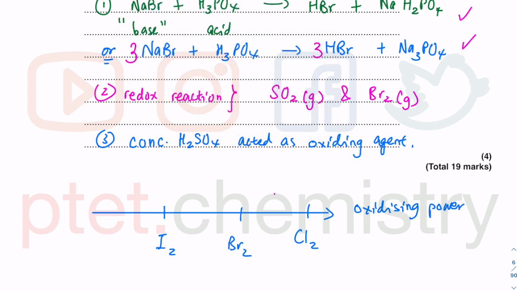Now what happens is concentrated sulfuric acid lies in between the oxidizing power of chlorine and bromine. So this one will not oxidize chloride to chlorine, but concentrated sulfuric acid can oxidize bromide, which is present in HBr, hydrogen bromide, to Br2, bromine, and hence you can get Br2 gas courtesy of this redox reaction. That's it for that 19 marks, pretty long question.